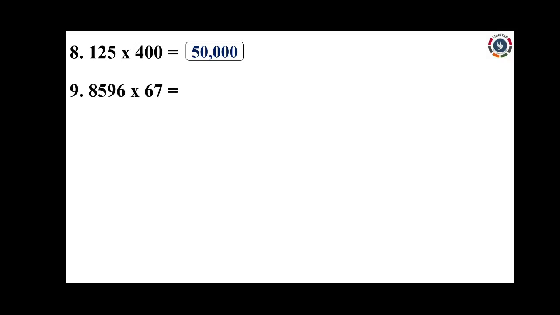Ninth question. 8596 into 67. The answer is 5,75,932. With 8596, first you multiply with the 1's place digit of the multiplier, 7, and then multiply with the 10's place digit, 6. 6 is in the 10's place, so multiply the number 8596 with 60.